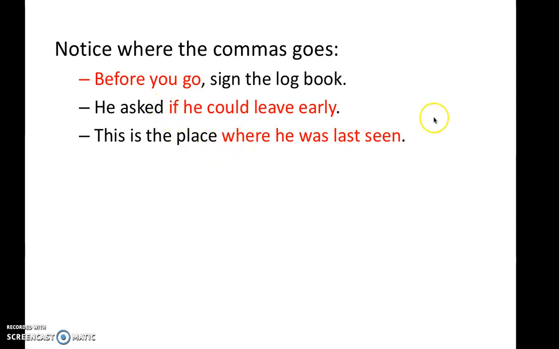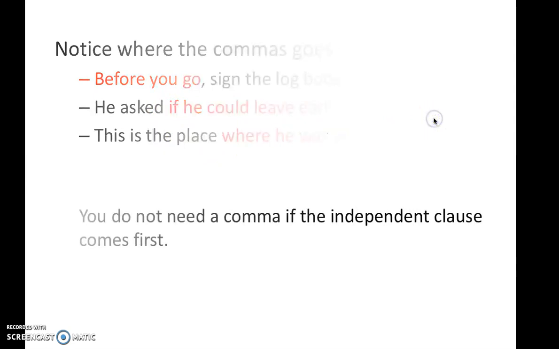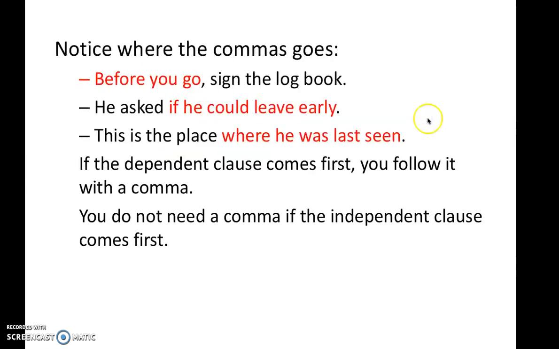So here's the rule, and this is a punctuation rule. You do not need a comma if the independent clause comes first. If the dependent clause comes first, you follow it with a comma. And notice my example does the exact same thing. Dependent clause, comma, independent clause. Independent clause, no comma, dependent clause.